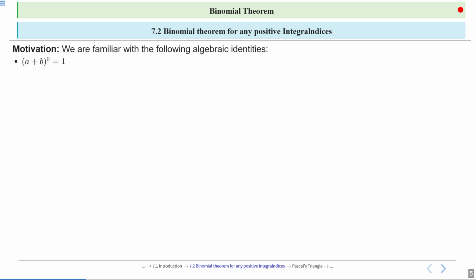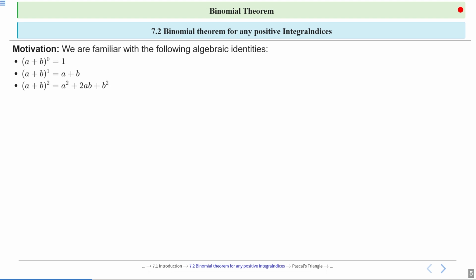We all know that if we have a non-zero number and the power of that number is 0, then that will always give us 1. And then a plus b whole to the power 1 is equal to a plus b.